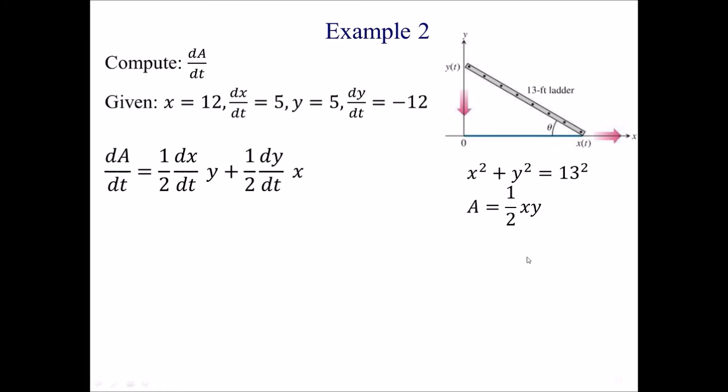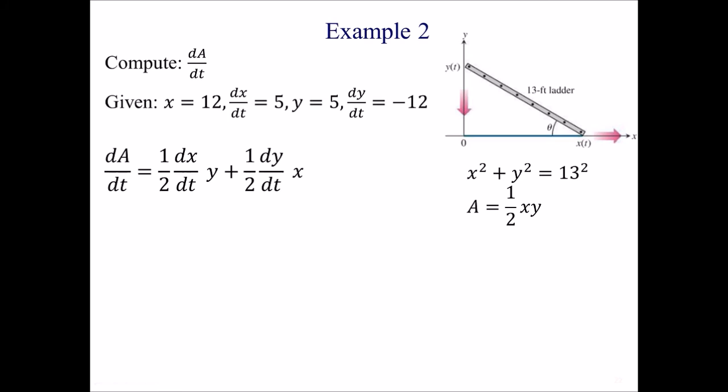This time, I do not need to rewrite it as I have isolated A already. The derivative of A with respect to time is dA/dt. Going to have to use a product rule. So this becomes 1/2 times the derivative of x, which is dx/dt, times y, plus 1/2 times the derivative of y with respect to time, times x.